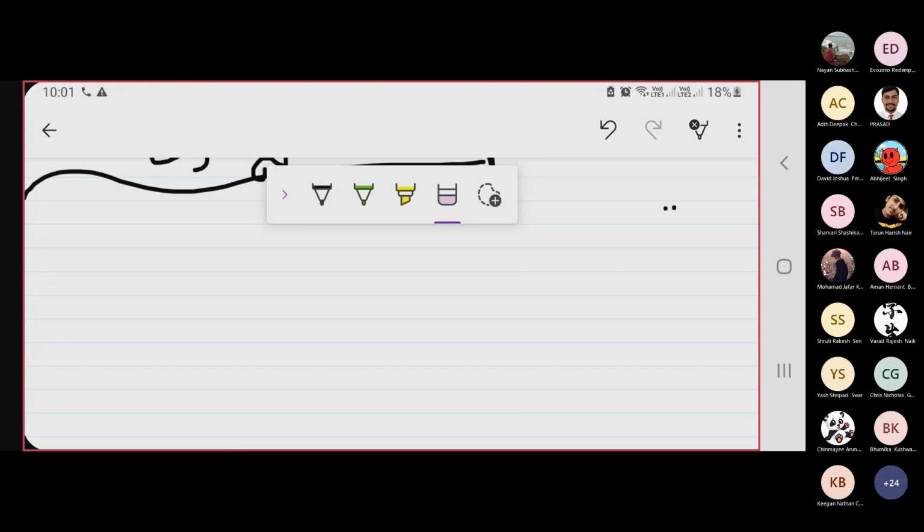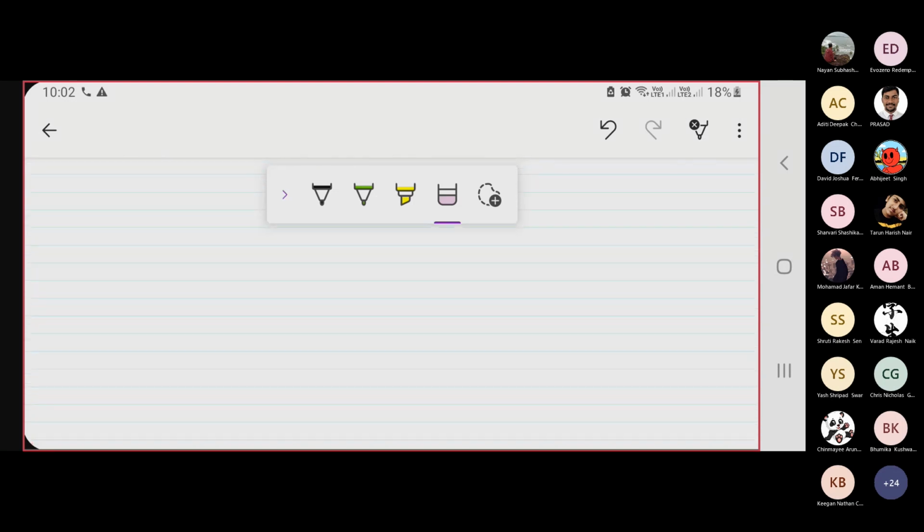Okay, so we will now start with the next point, that is x and y intercept. Earlier, in a concurrent force system, we know where our resultant is.